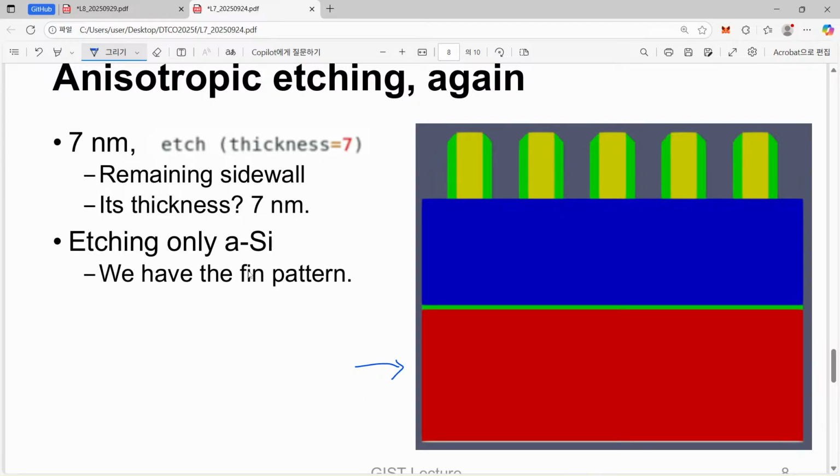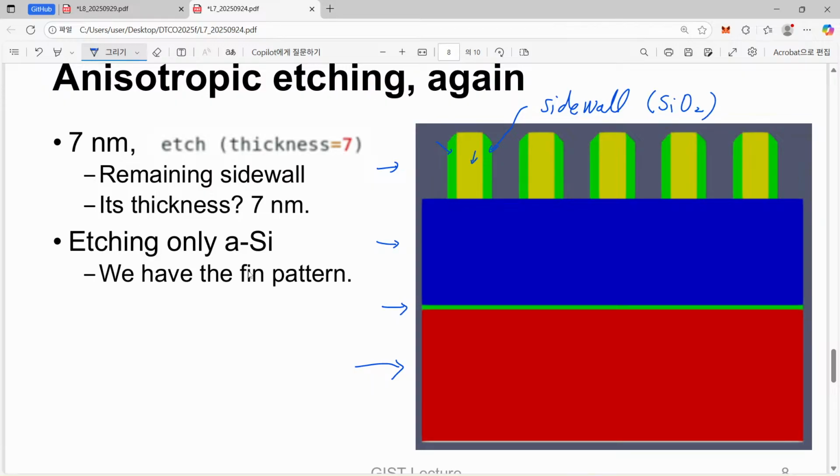This is silicon, and we wanted to make fins in this part, and here we have a pad oxide, and here we have the so-called hard mask. Usually it is made of silicon nitride, and here we have the layer of so-called mandrels, and this yellow one is typically amorphous silicon. And as you can see here, you have green ones, which are basically sidewalls attached to this patterned mandrel layer, and this is usually done in silicon dioxide.